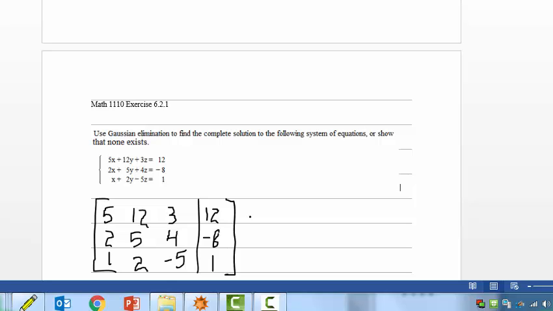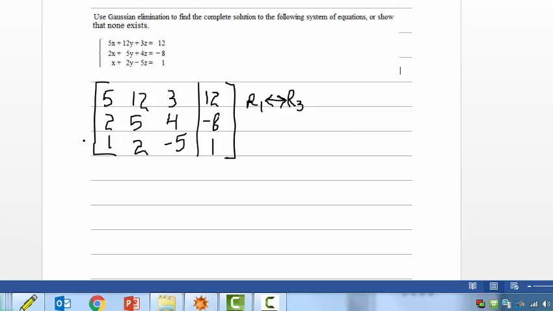And first thing I'm going to do, first row operation, is I am going to interchange row 1 and row 2. Typically that's how I would write that operation.